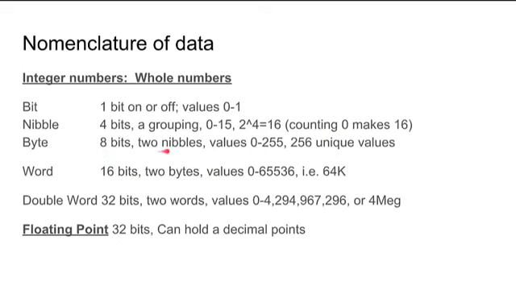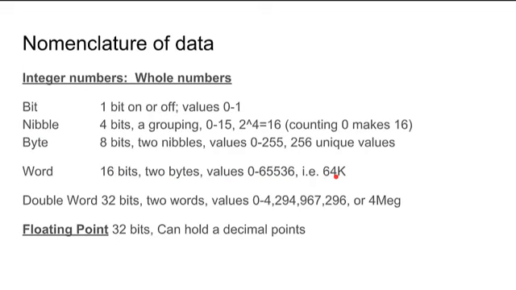8 bits, which is 2 nibbles, is called a byte, and that's why half of a byte is a nibble. We get values 0 to 255, or 256 unique values. A word is 16 bits, in other words a double byte, 2 bytes, and it can store 0 to 65,536, and that is 64K.